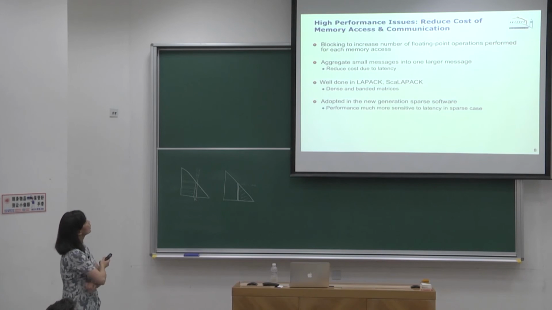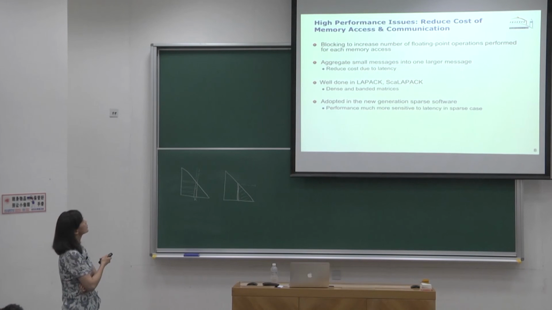Okay, so that's the simple algorithm description. But for high performance, you actually have to do a lot more than this in order to get very fast speed. The first thing we need to do is blocking, in order to increase what we call the arithmetic intensity.